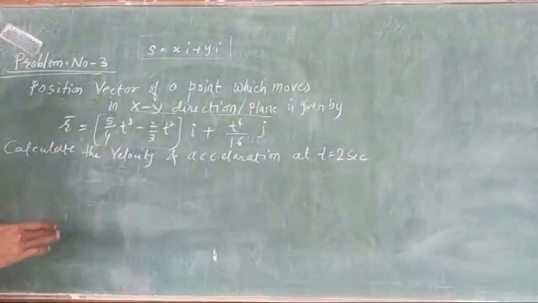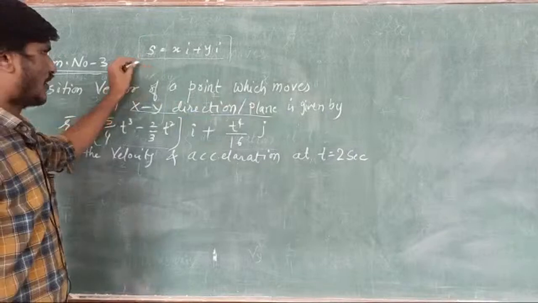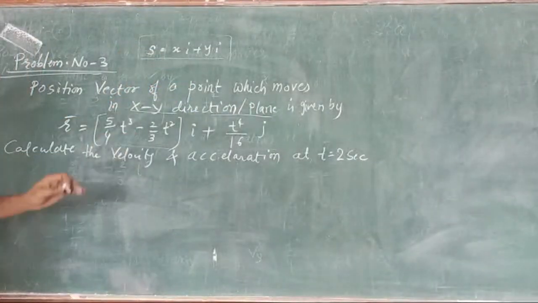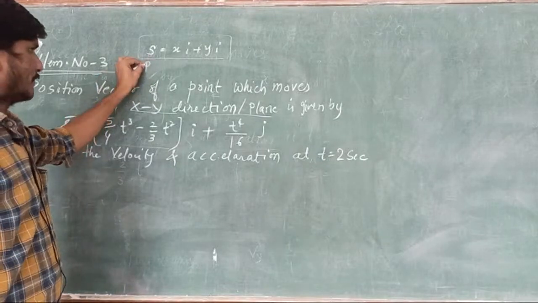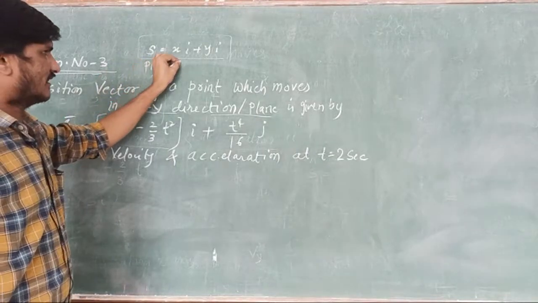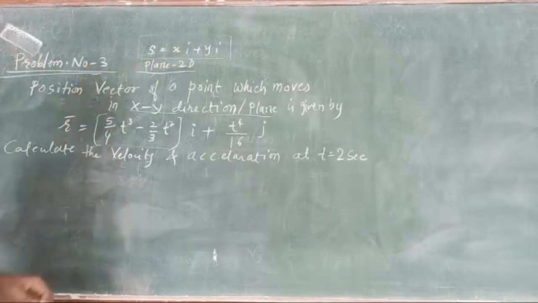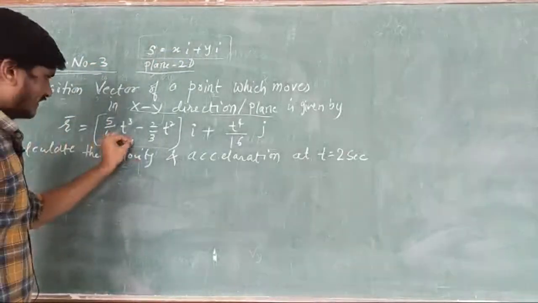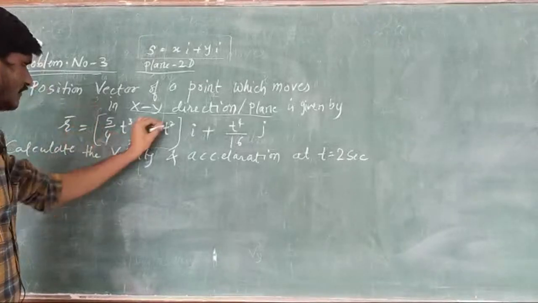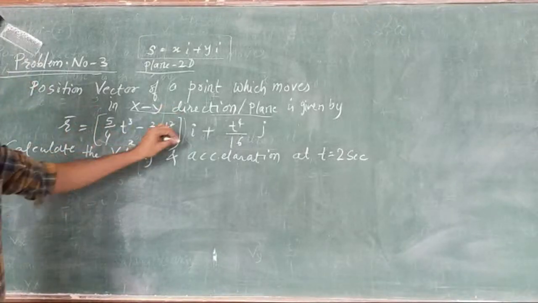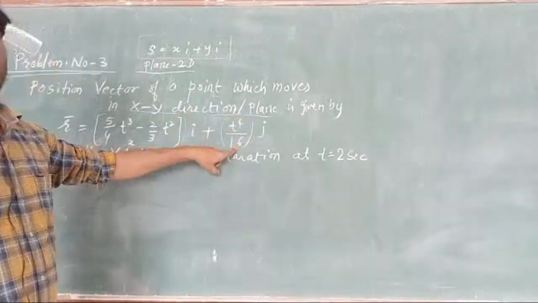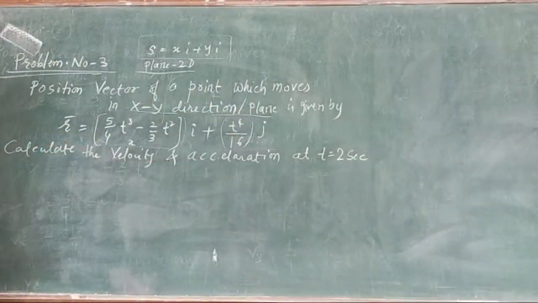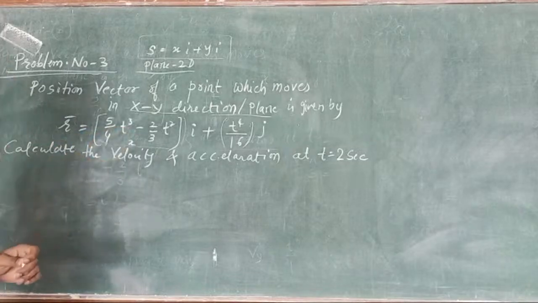So this problem can be solved by using the xy coordinate system, as you know, in a 2-dimensional plane. This entire part will be called x and this will be called y. Both equations are in terms of t, where t is the time.